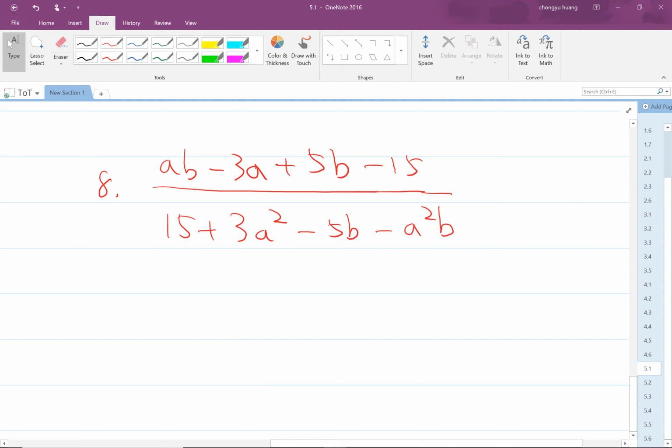Over here we have to pick two terms. Let's focus on the numerator. The terms we have to choose are 5b minus 15 and ab minus 3a.